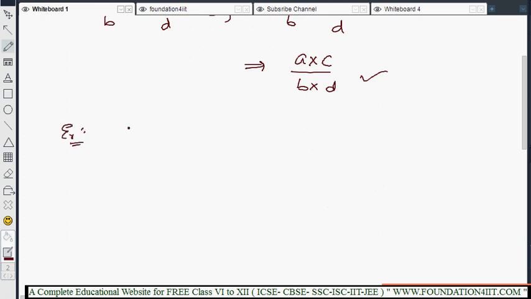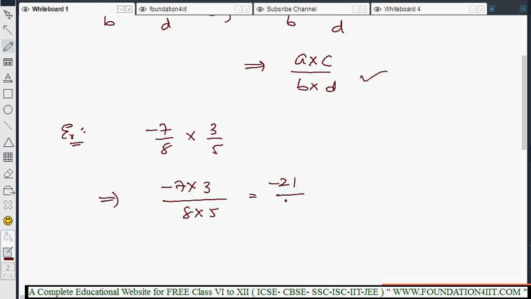For example, multiply minus 7 by 8 into 3 by 5. So we need to take numerators and denominators and directly multiply. That is minus 7 into 3 by 8 into 5, minus 21 by 40, because minus 7 into plus 3, minus into plus is minus.